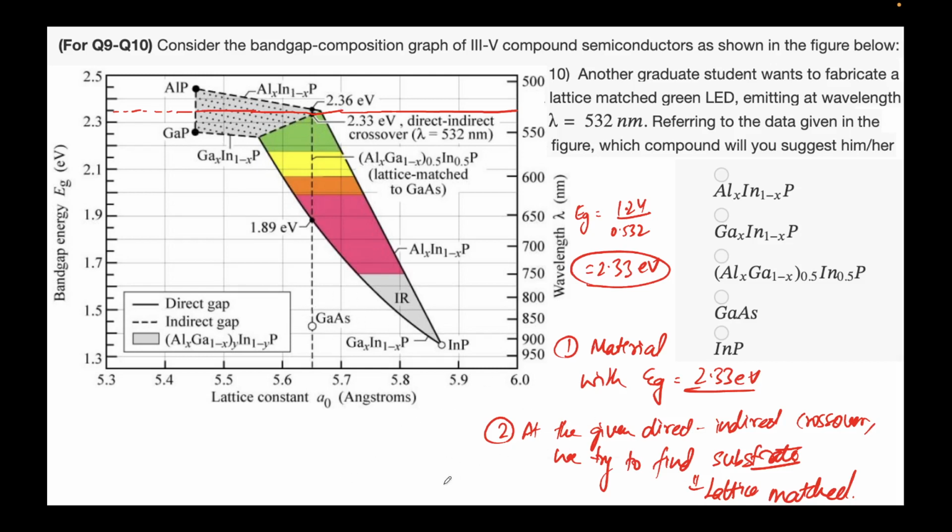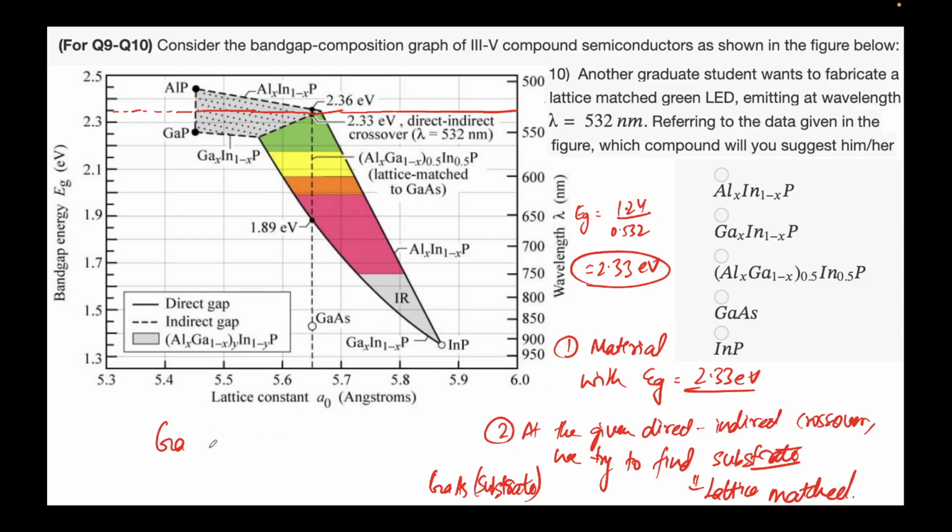So we have to find a substrate. So we have gallium arsenide as substrate. But what material is in the epitaxial stack? That is this. So you see this line that you see transitioning right here, the indium concentration is the same, it's 50% they're saying, right? Because the only option that I have is this.